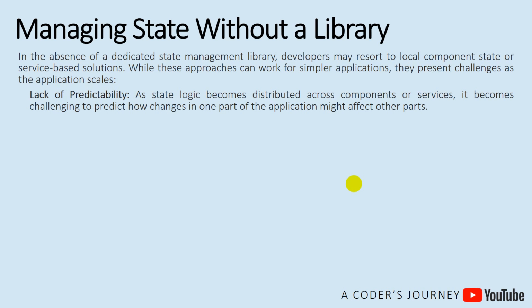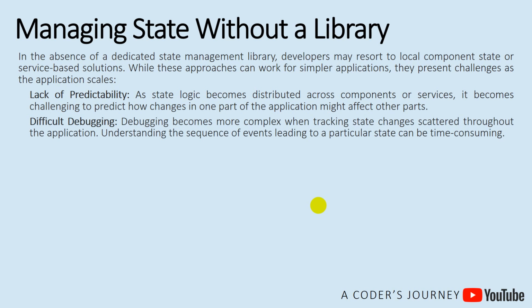But when you have 50, 70, or 100 components in larger scale applications, the logic for your state management becomes distributed across components and services. So this will make the situation very challenging because you cannot predict how changes in one part of the application might affect other parts. Lack of predictability.